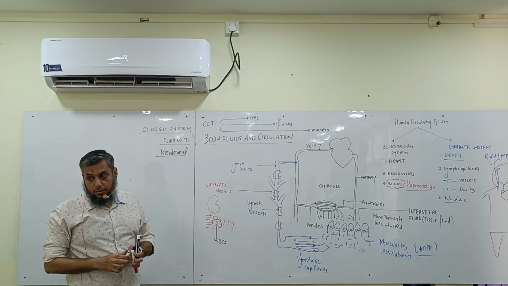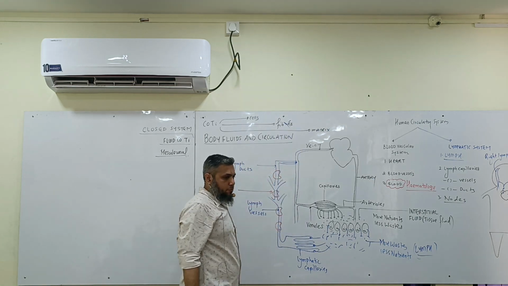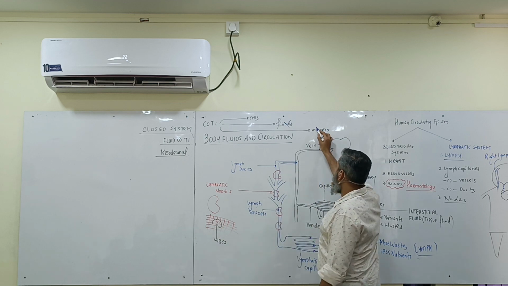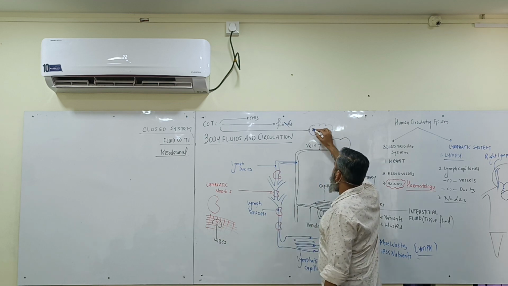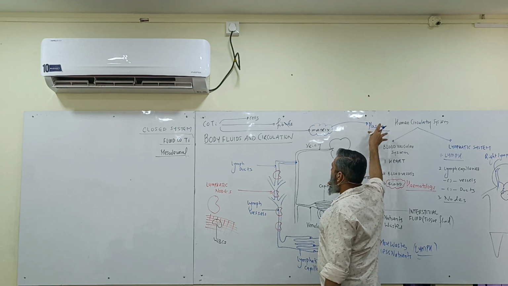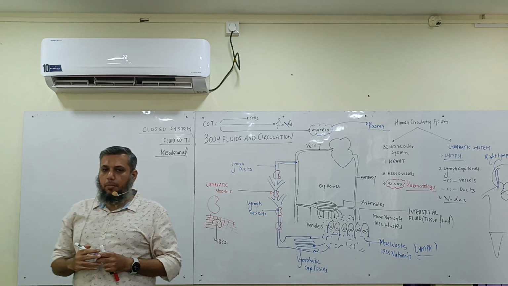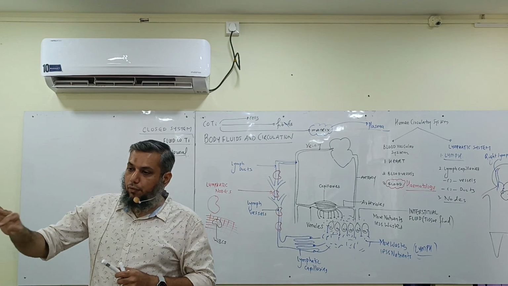Except the blood. In the case of the blood, the fibers are absent and the matrix got replaced by a liquid which is called plasma. So in the plasma the cells are floating.